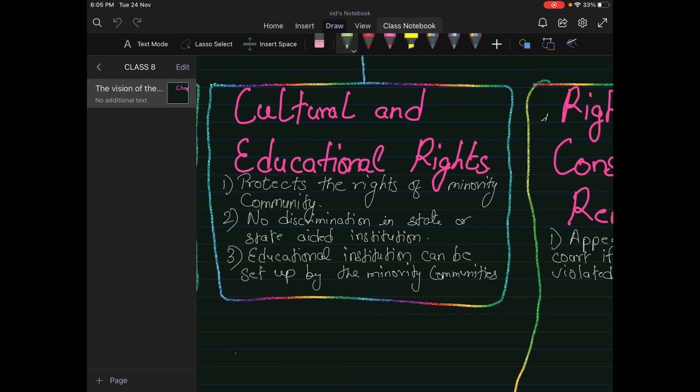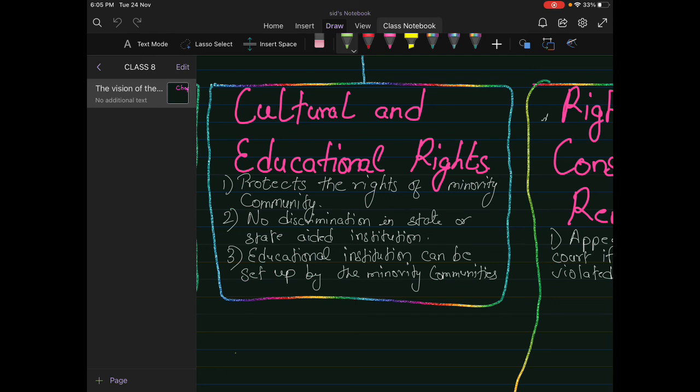And number three is educational institutions can be set up by the minority communities. What this means is educational institutions like schools, colleges, language hubs or educational hubs can be set up by the minority communities in order to enhance, preserve and develop their own culture.